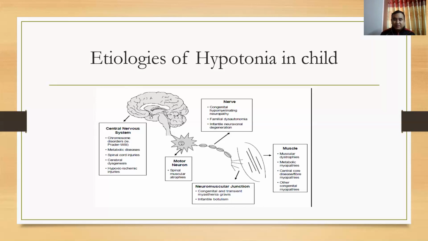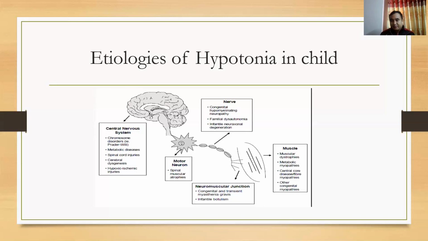Going to the peripheral nerves, one hereditary peripheral neuropathy is congenital hypomyelinating neuropathy. These are quite rare causes of hypotonia in the child. For the neuromuscular junction, the child can be suffering from congenital myasthenia gravis and infantile botulism.